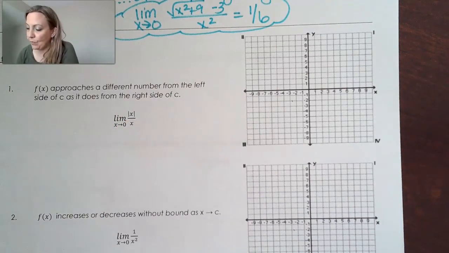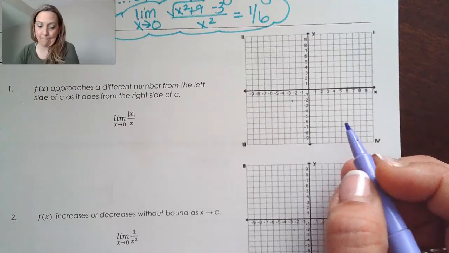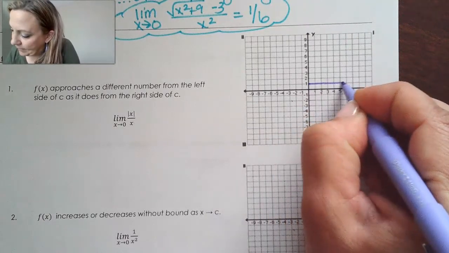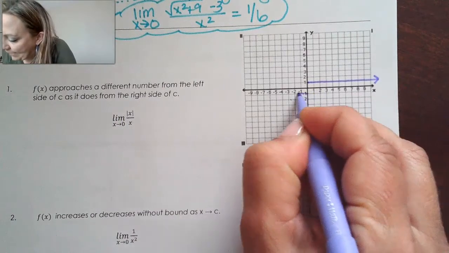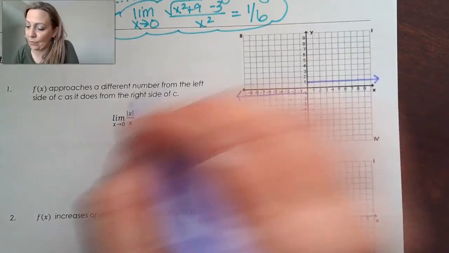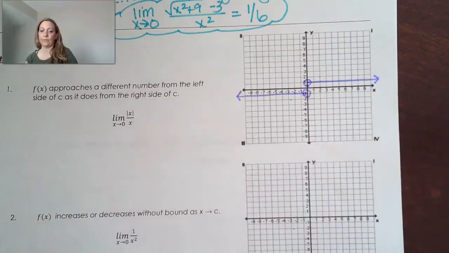What that graph looks like is that anytime x is positive, it's going to be 1, and anytime x is negative, it's going to be -1. The issue is that at x equals 0, it's undefined. So this is an example of a limit that doesn't exist.